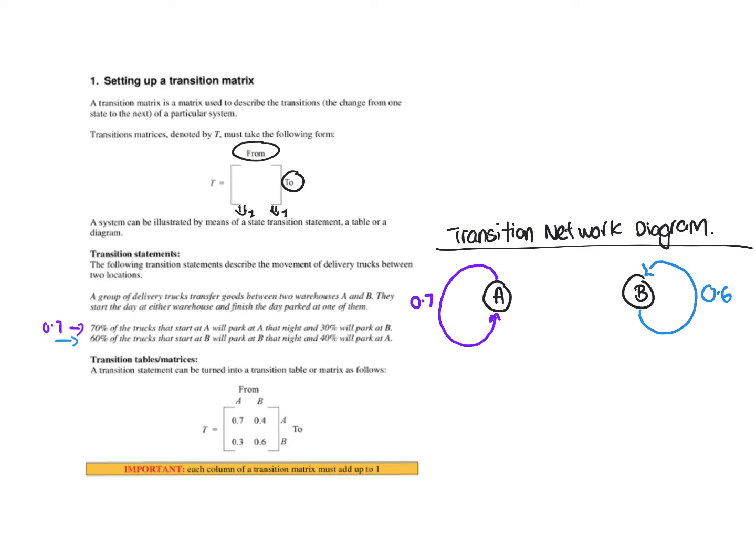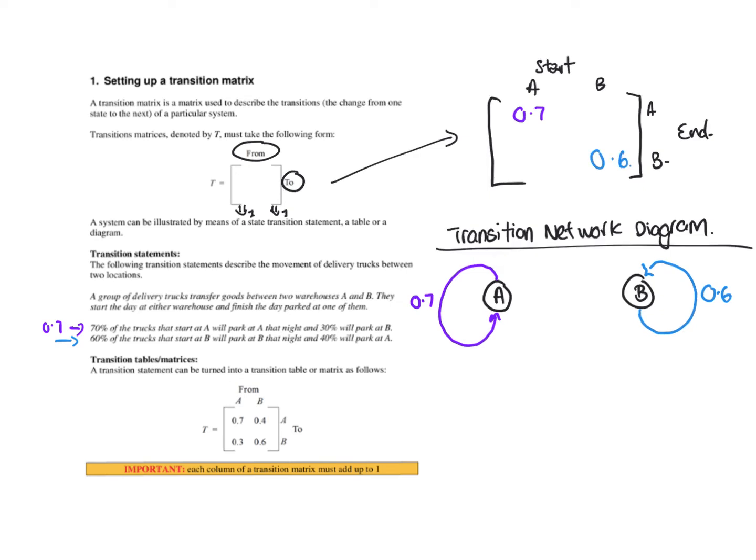Okay, so if we're setting up our transition, I'm just going to move it over here. So we're saying you start here and they end here, and we've got A and B, A and B. So the first one, if you go back to A is 0.7, and then B back to B is 0.6.